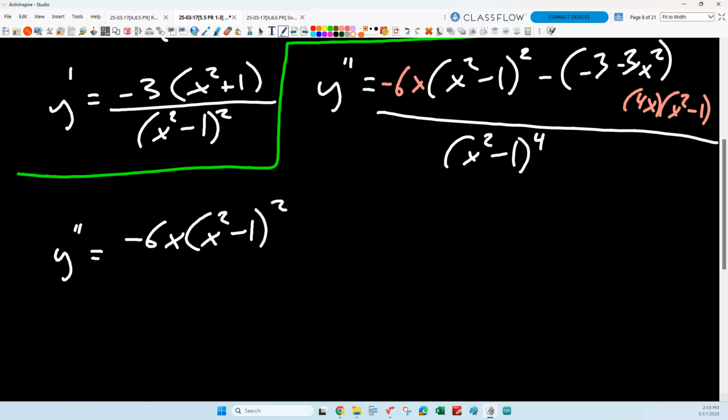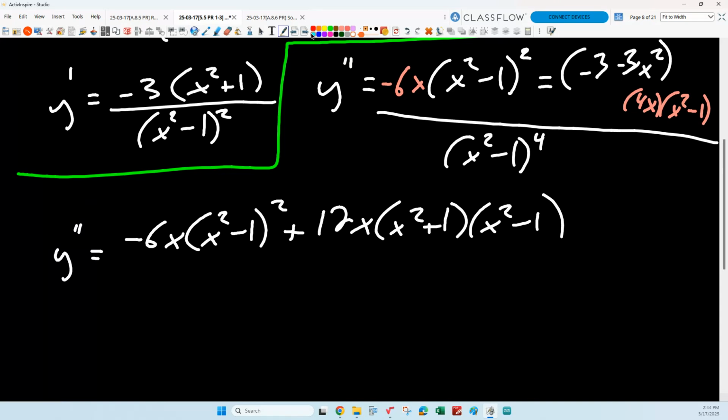Take out a -3 times a -1 is 3 times 4x. Okay, check that, everybody. Does that make sense? I took out a -3 and a 4x, right? Everybody see that? And that gave me 12x. Good? And then that became x squared plus 1, and then x squared minus 1.